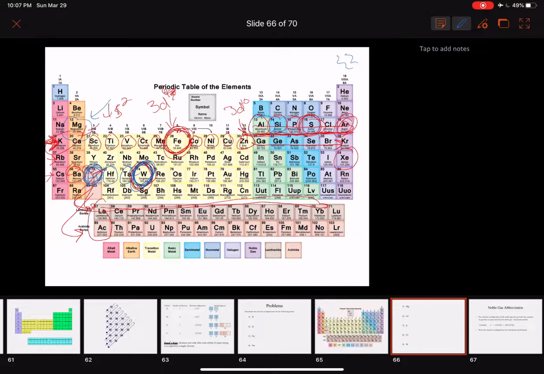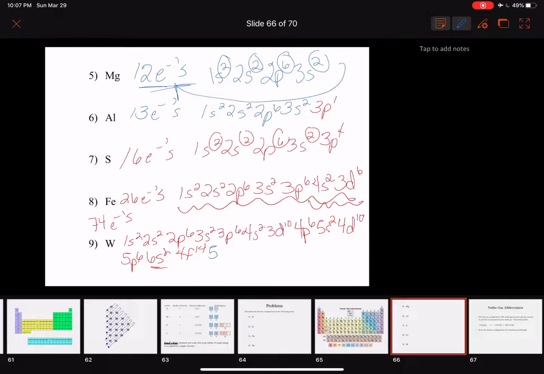So tungsten ends with 5d4. Now, again, the numbers can be out of order, like we want it to go 1, 2, 3, 4, 5. But the order that electrons go into the different shells can be out of order. Like the 4s, those 2 electrons will pop out there before they'll go back into the 3Ds. So again, the electron configuration is just the order that the electrons fill the orbitals.